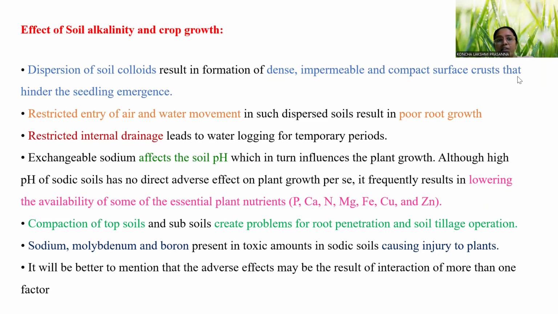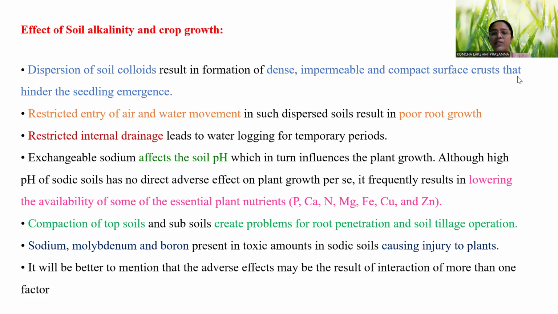Restricted entry of water and air causes poor availability of nutrients, and the poor drainage condition leads to poor root growth and also the death of seedlings. Restricted internal drainage causes waterlogged conditions, which cause anaerobic conditions and less microbial activity in those soils. Exchangeable sodium causes fluctuations in the pH, thereby causing a higher pH.